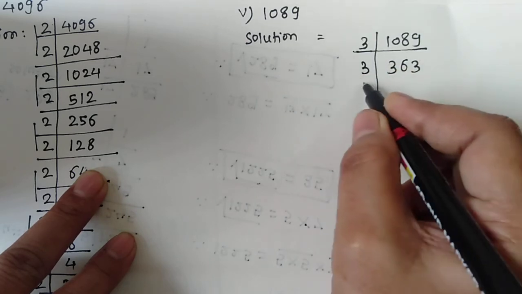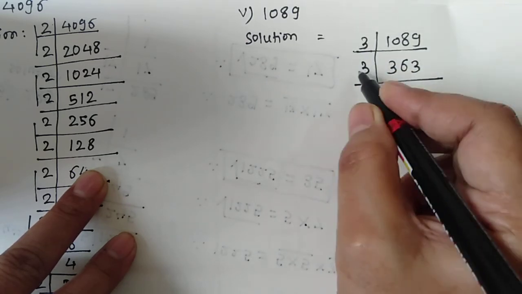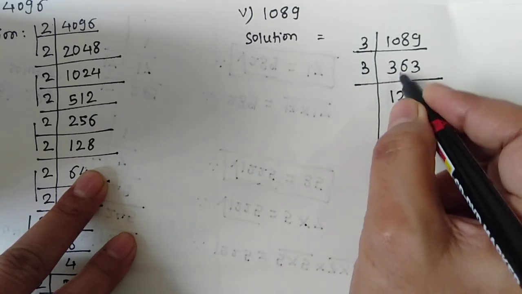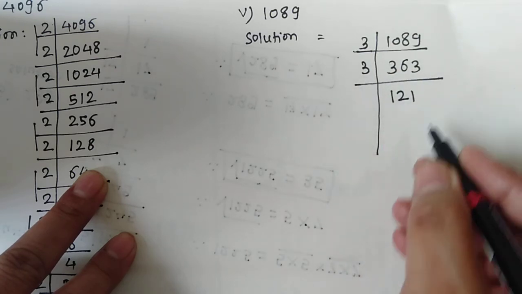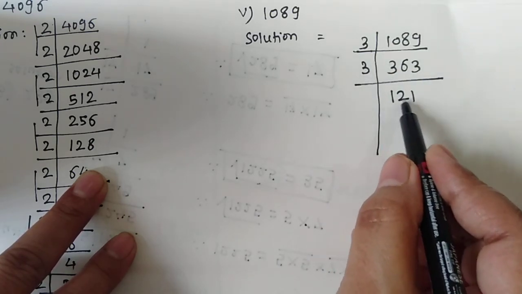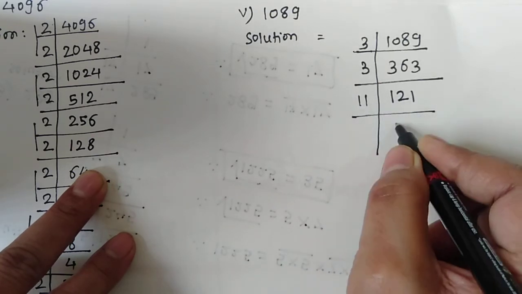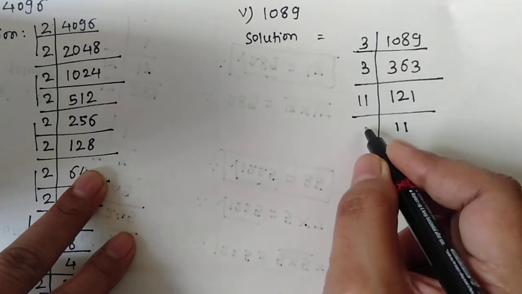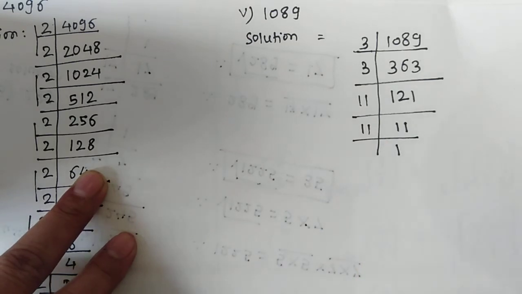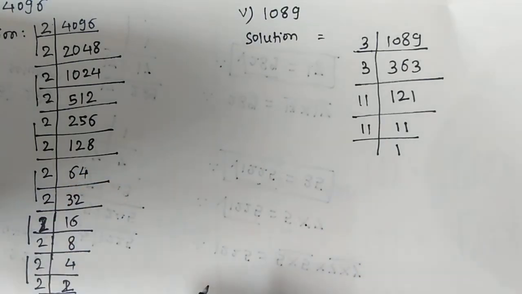Again it is divisible by 3. So 3 ones are 3, 3 2s are 6, 3 ones are 3. And we know that 11 multiplied by 11 is 121. So 11 ones are 11 and 11 divided by 11 is 1.